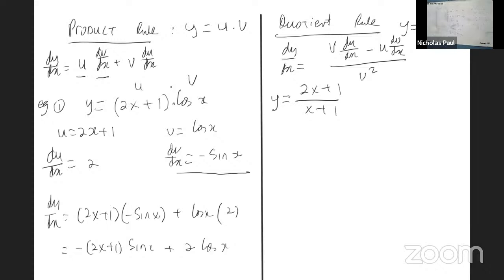Which one is 2x plus 1? All right, go ahead. Use the formula and work it out. Take your time now and simplify this one out.